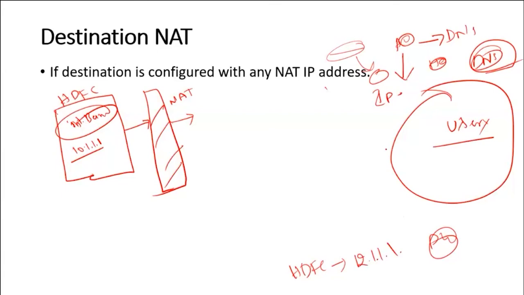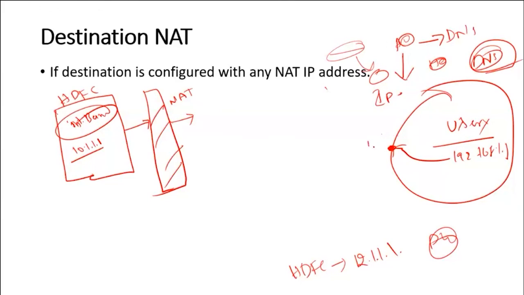My IP address, when I connected to Wi-Fi, is 192.168.1.1. But when I try to access a service available on the internet, my private IP address will be natted with the Wi-Fi public IP address.